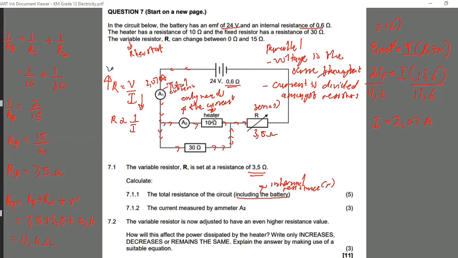So this heater will take a certain portion of this 2.07 amperes, and this fixed resistor here will also take a certain portion from this 2.07 amperes. But remember, the way in which they share is in accordance to this relationship. So the one with the bigger resistance will have a smaller current, and the one with a lower resistance will have a bigger current.